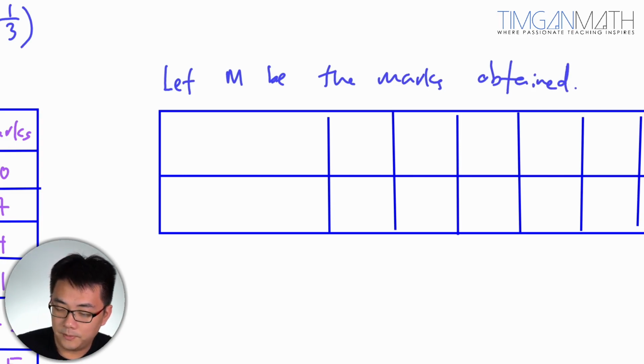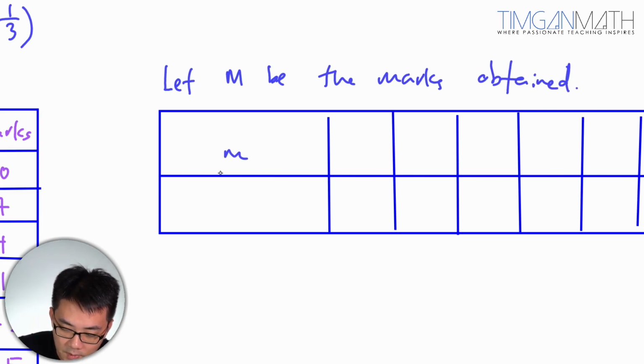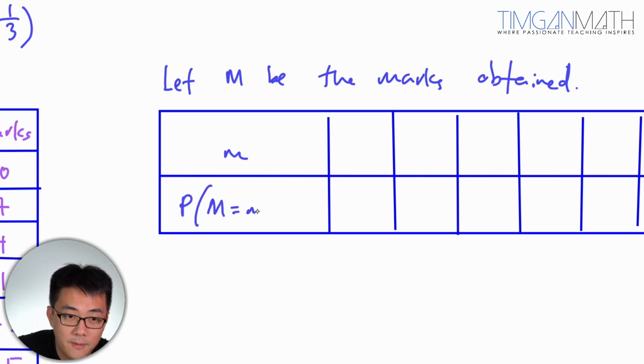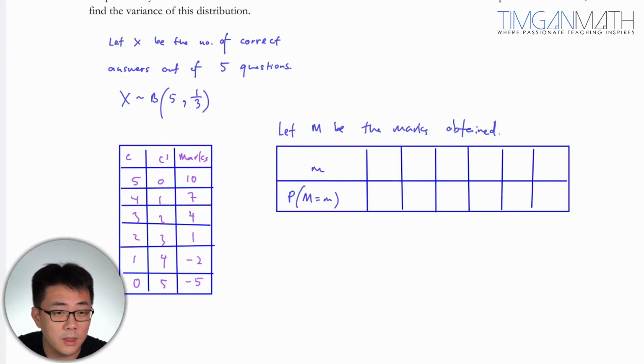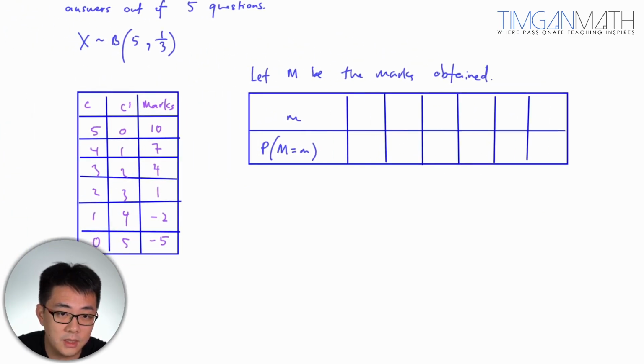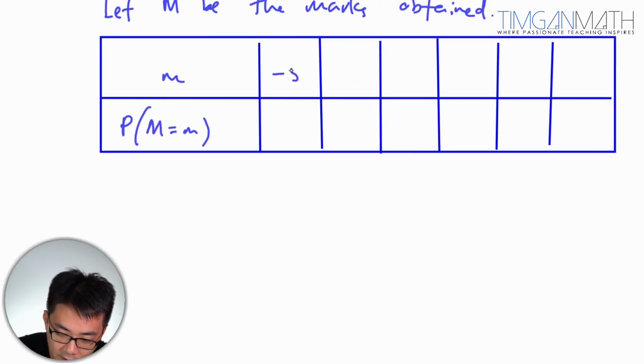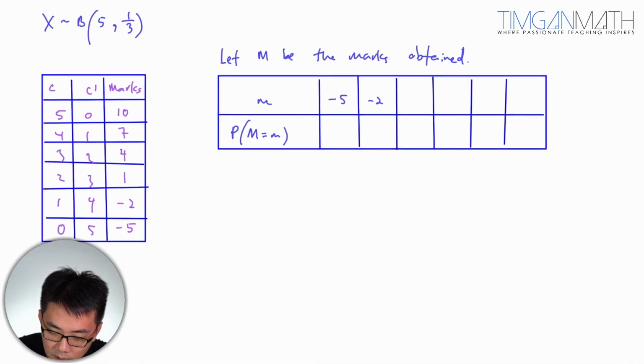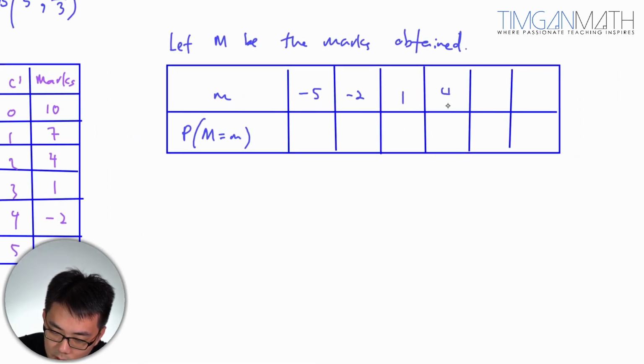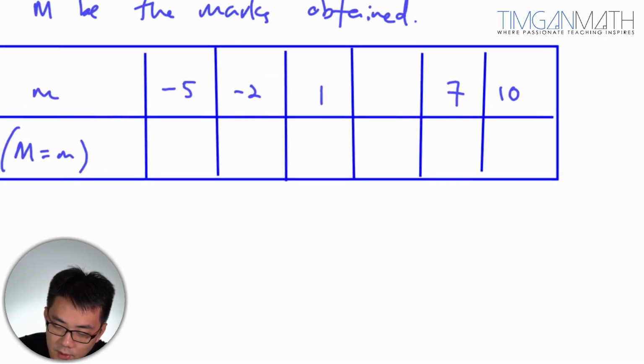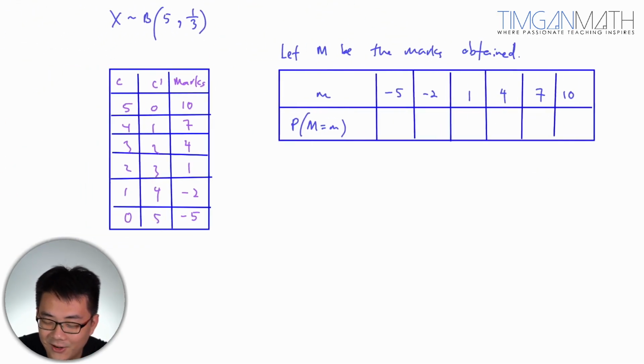So in this case, this is M and this is P, M equals m. You start off with the marks, which is just listing all of them down. So -5, -2, 1, 4, 7, 10. There you go. So you get everything correct. Life is good. So we're going to just calculate the probability.